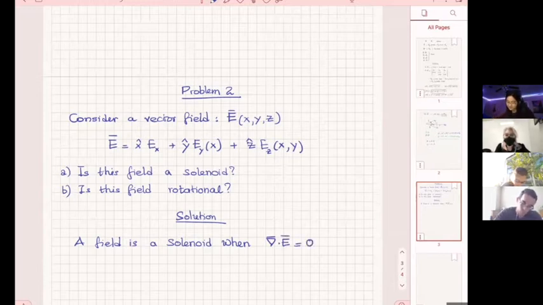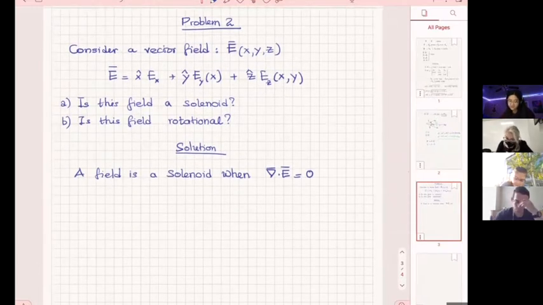Do you remember that? Yes. All right, let's try to answer the first question. Is it a solenoid? Is that 0?